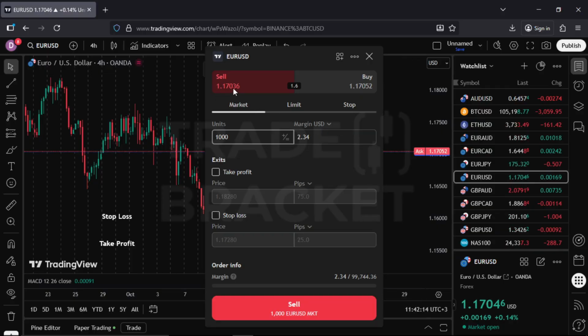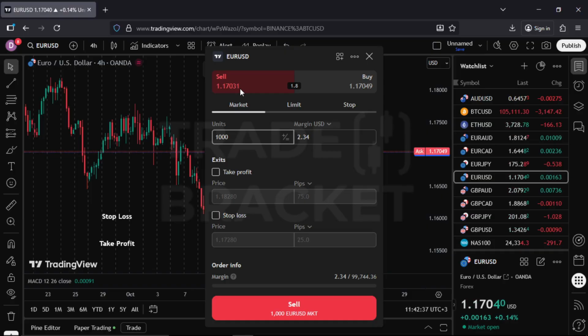That's the reason why it also keeps changing right here. So if I wanted to sell this currency pair right now, it would be sold to me at 1.1702. It just changed to 8.